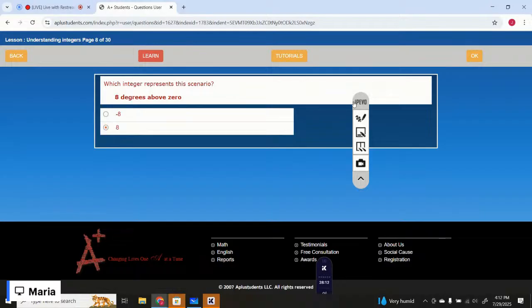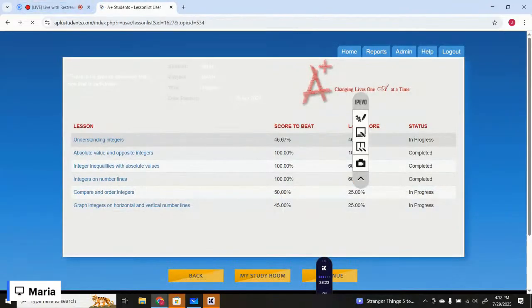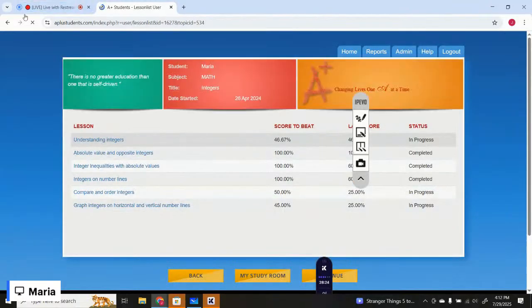That is above 0, so that would be a positive number. Okay, you can complete the lesson by yourself later today. Let me just move on to the next lesson. The next lesson is absolute value.